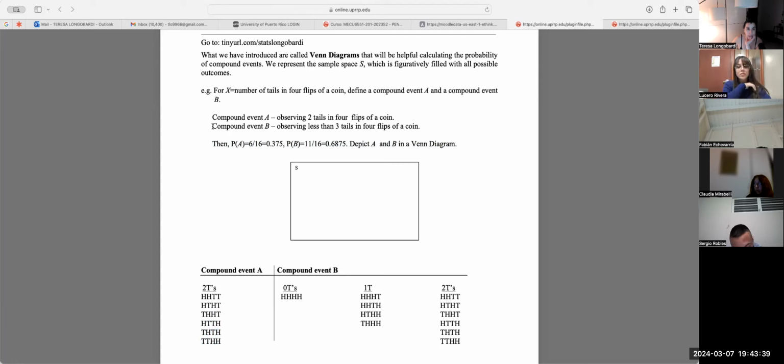Compound event B is observing less than 3 tails in 4 flips of a coin. So these are the ways you can see either no tails, 1 tail, or 2 tails. What do you notice about A and B?